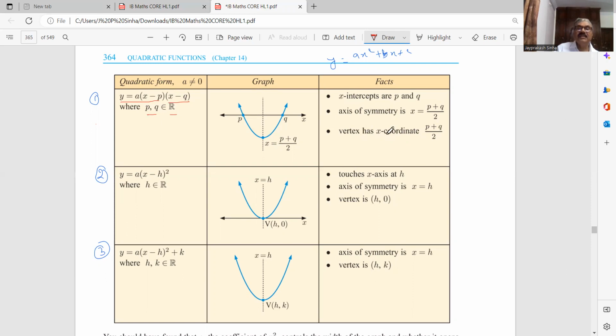Okay, and once the x coordinate of the vertex is known, then you can find the y coordinate also by putting it in. Here, one more thing: a.